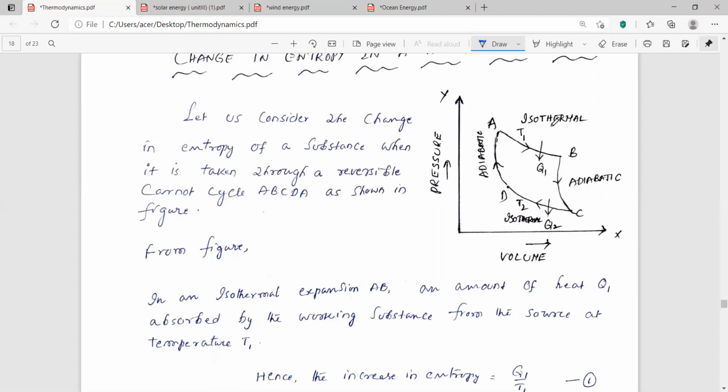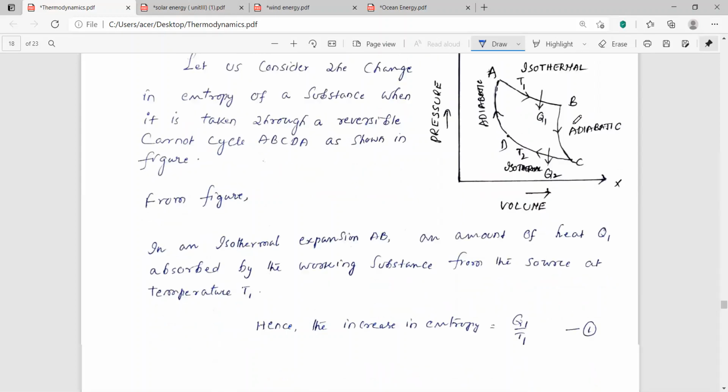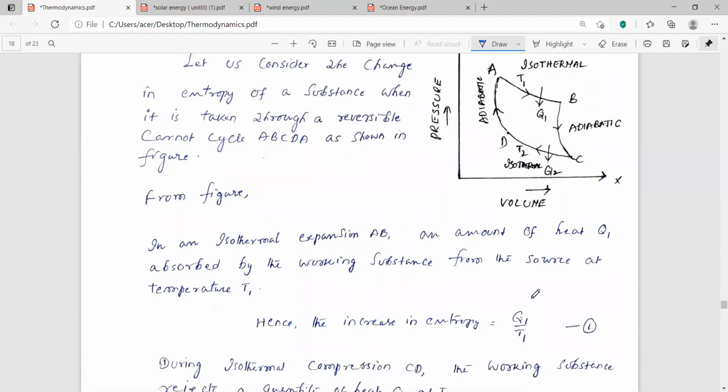From A to B, isothermal expansion, the increase in the entropy can be written as Q1 by T1. Similarly, from C to D, isothermal compression, the decrease in the entropy can be written as Q2 by T2.